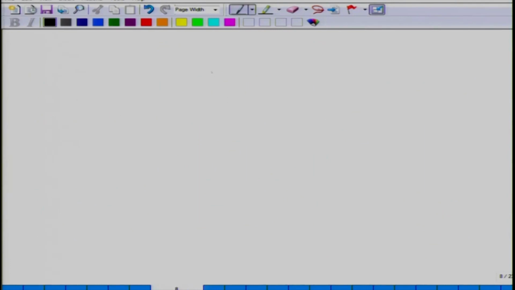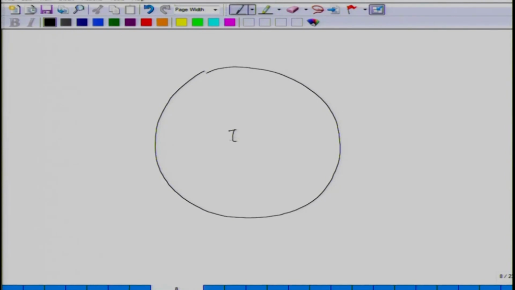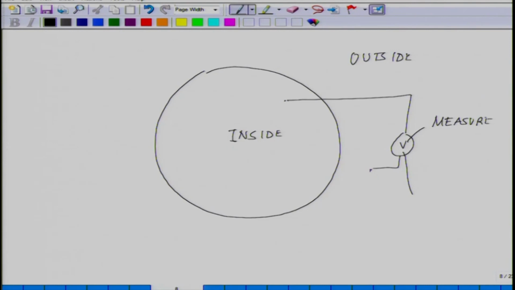So, what will happen, say for example, if this is a cell sitting out here and this is the inside milieu and this is outside, and if I have a voltmeter sitting here, and this voltmeter could not only measure voltage, but should have the ability to manipulate voltage across the membrane. Imagine it's a dual purpose tool.